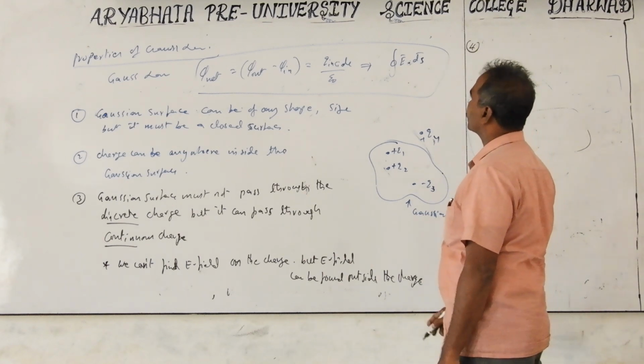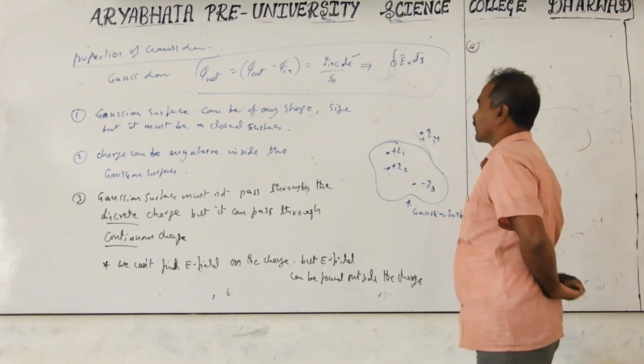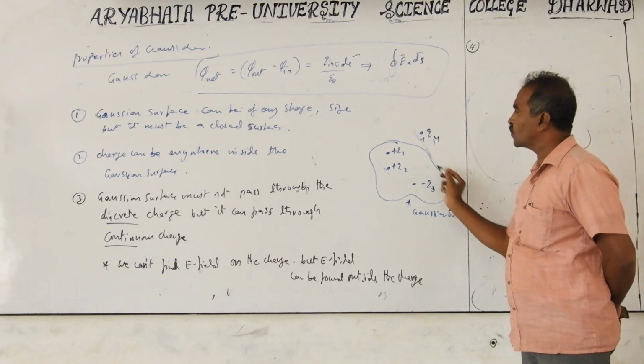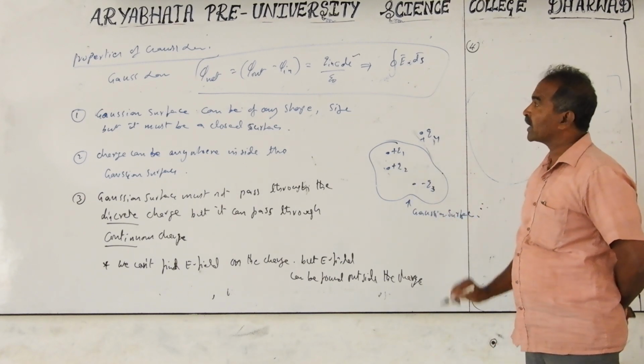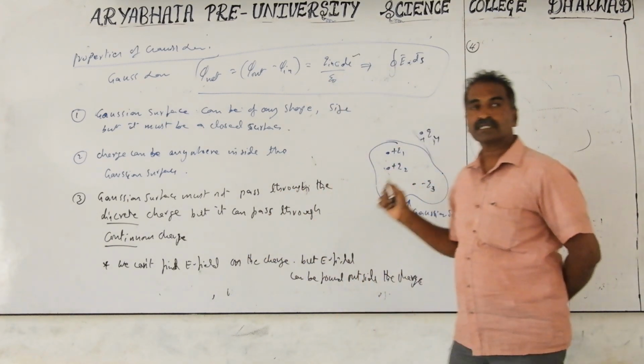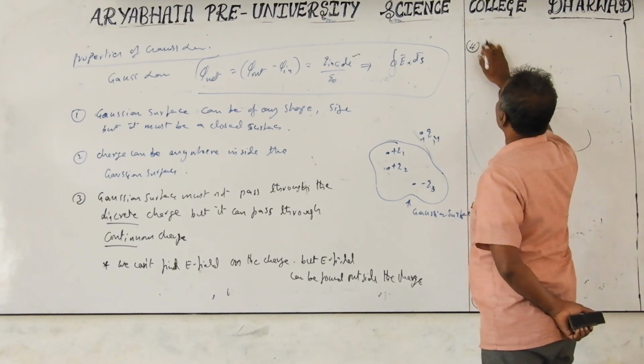In Gauss law, the term q inside, or q enclosed, is applicable only to the charges inside the Gaussian surface. Whereas electric field and electric flux can be because of the charges inside the Gaussian surface as well as outside the Gaussian surface.